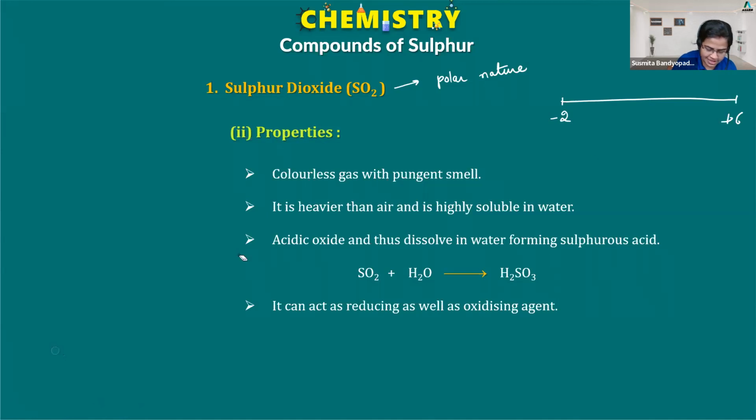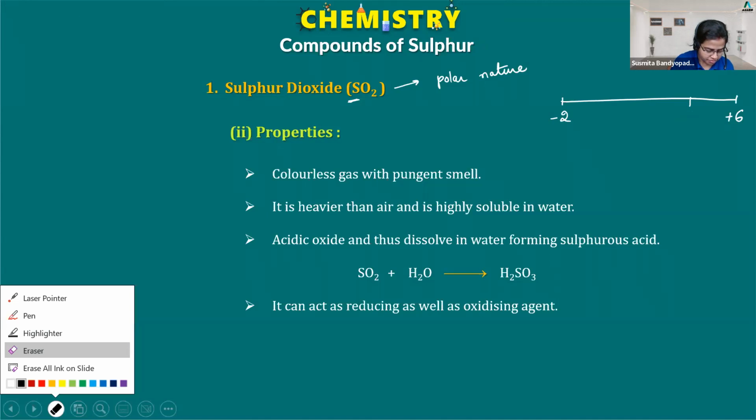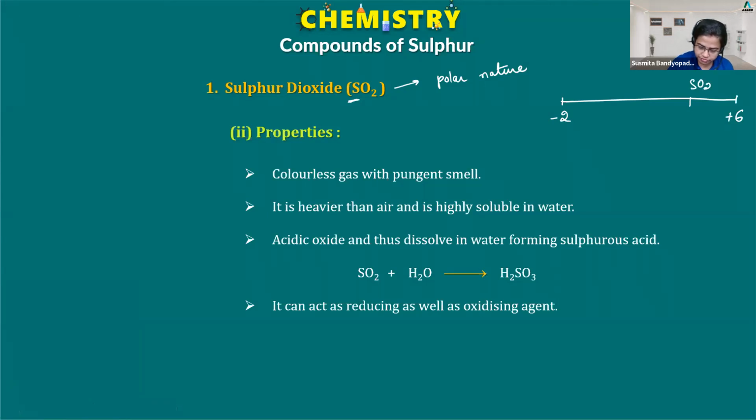This is the number line for sulfur. Right now, SO2: we'll write SO2 at plus 4 here. Yes, Atika, you have answered it correctly.